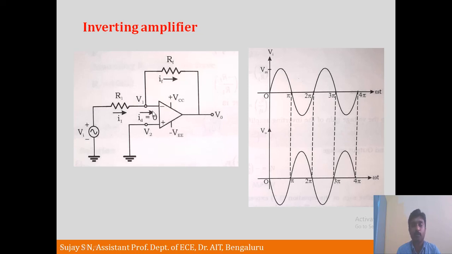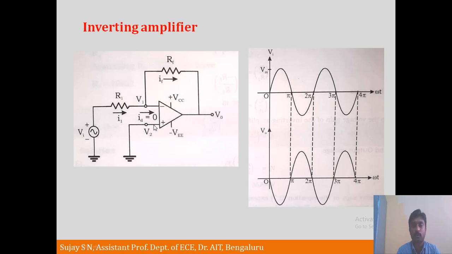We need to remember one thing: here V2 is grounded. So while taking the currents or applying KVL, we need to treat V1 as 0, same as V2. Why? Because of the virtual ground concept, the voltage at V1 is the same as V2, and V2 is grounded. That's why V1 is also 0.